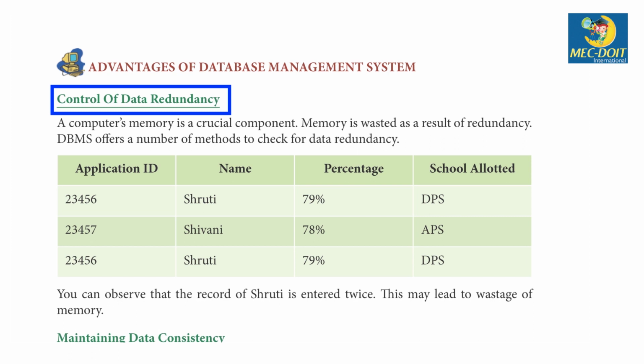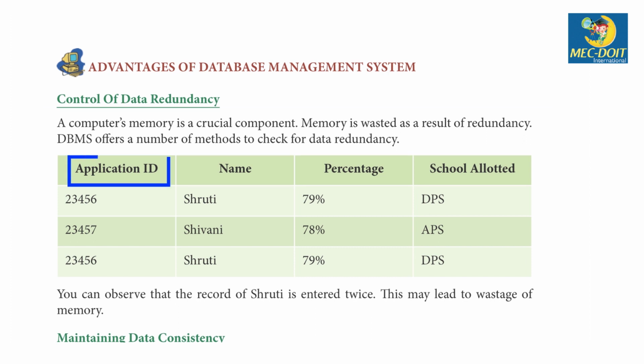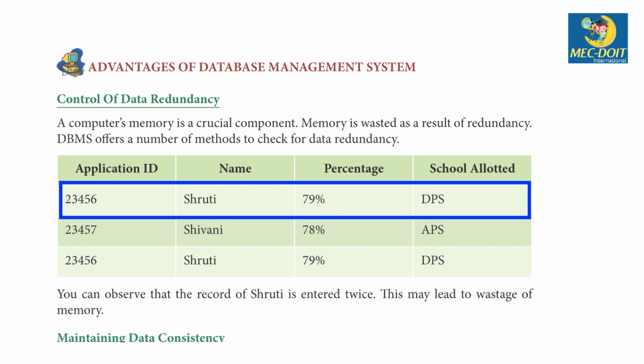Advantages of database management system. Control of data redundancy. A computer's memory is a crucial component. Memory is wasted as a result of redundancy. DBMS offers a number of methods to check for data redundancy. Application ID, name, percentage, school allotted. Shruti 79%, DPS.